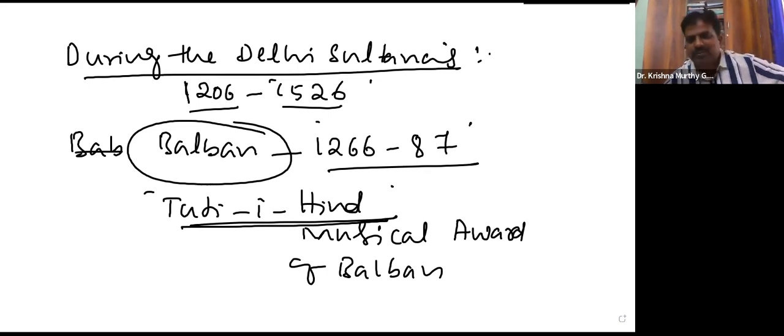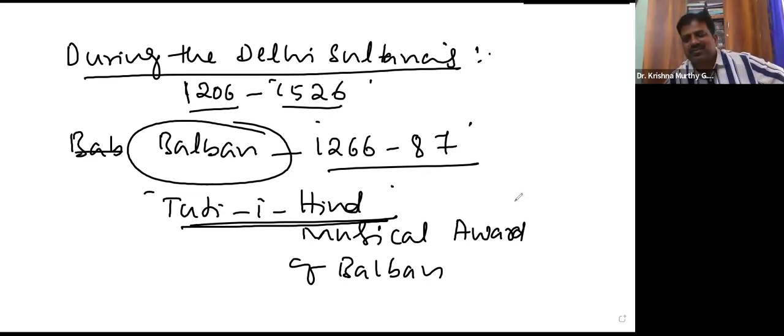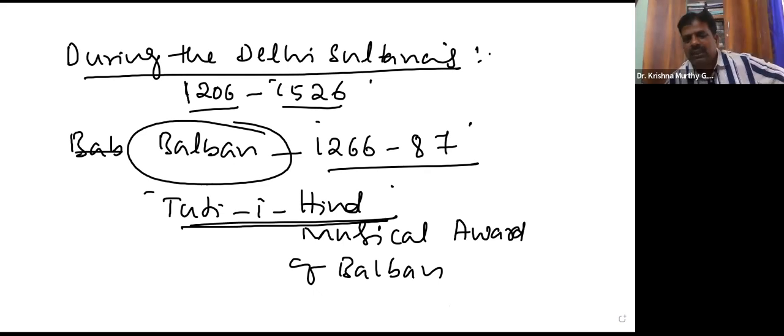The award was given to a well-known musician in his court. Amir Khusru, sir, I think. Yes, that is the thing. Khusro received the title Tuti Hind, or Parrot of India. It's a musical award of Balban.